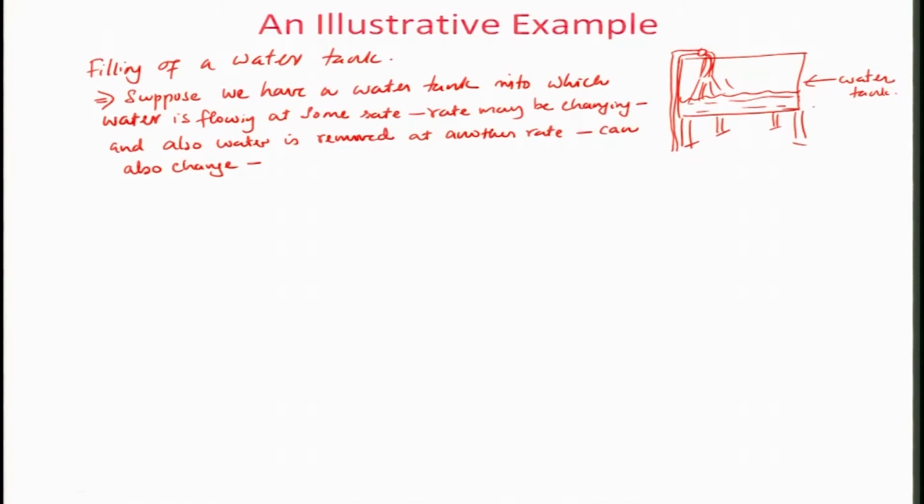Assume that there is another place where you are removing the water and the water is going out, and here is a valve for controlling the water that is going out. So, this is the inlet, and here is the outlet where the water is being consumed. People are taking the water out through the outlet, and that rate of consumption can also change.